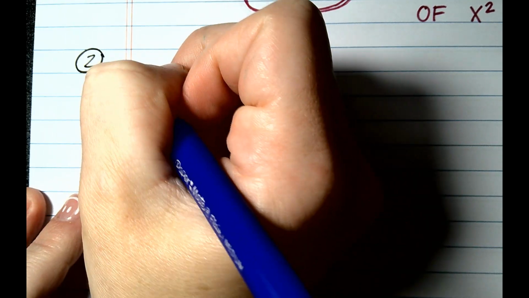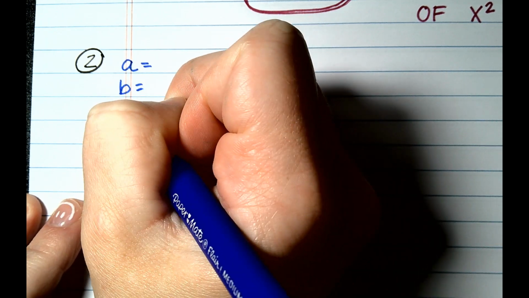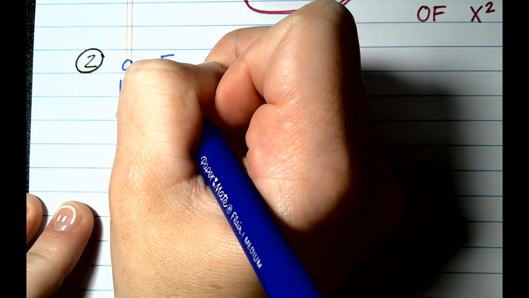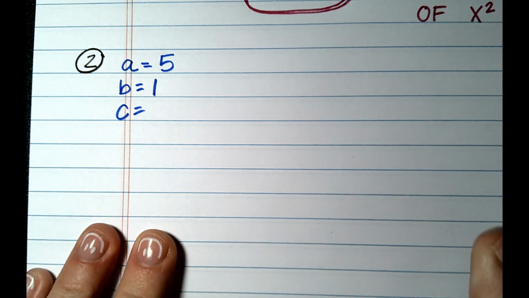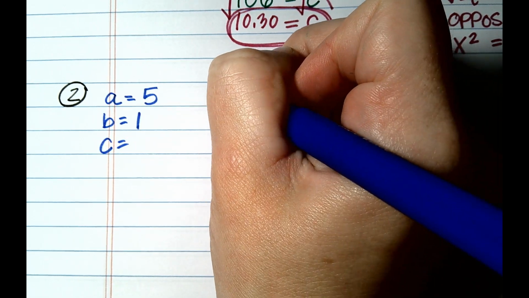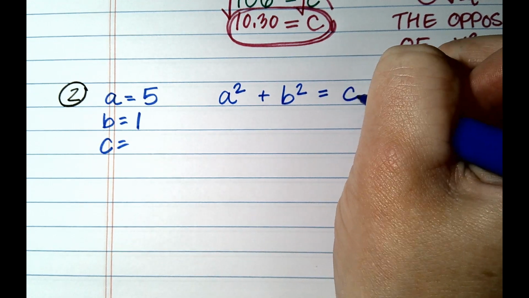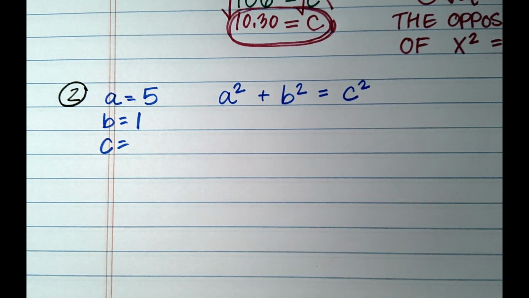I'm gonna just do 5, 1. And remember, we're using the formula or the theorem, a squared plus b squared equals c squared.